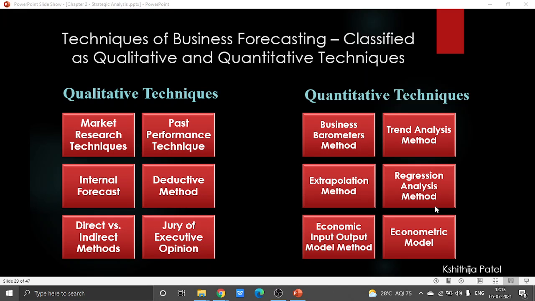Now one thing that is noteworthy here is, as the name suggests, this trend analysis or time series analysis shall be done for certain specific time intervals, normally for a long time period. And this technique is normally used when data are available for doing such projections.